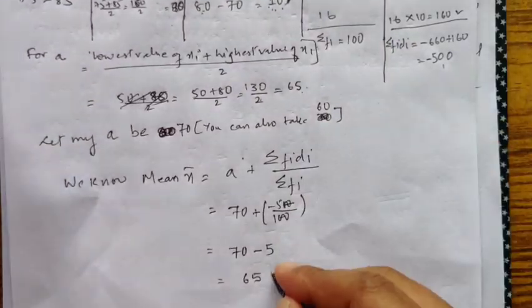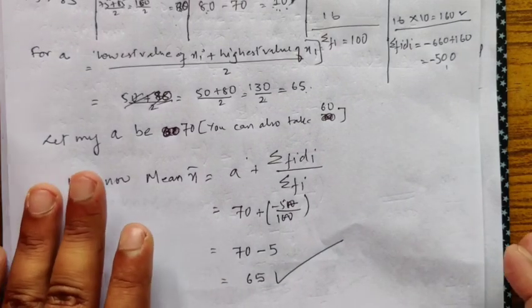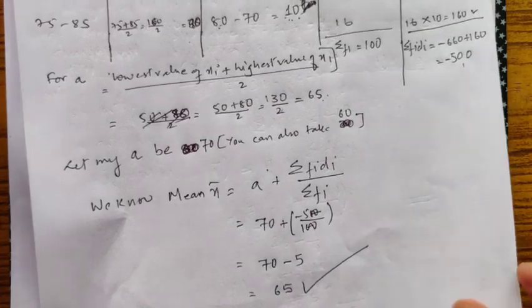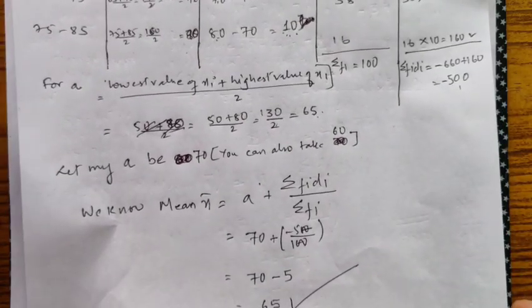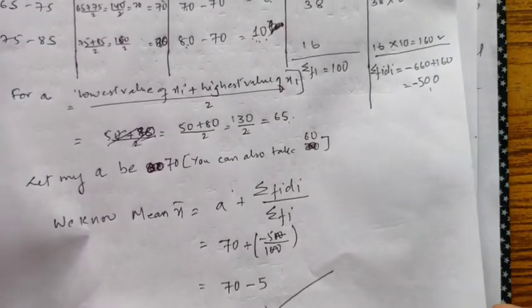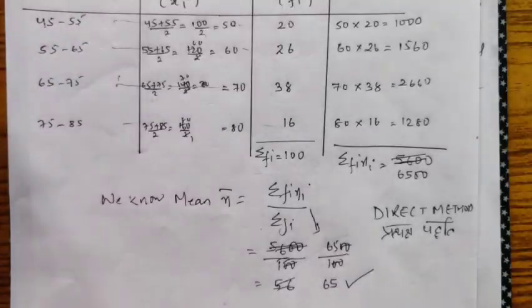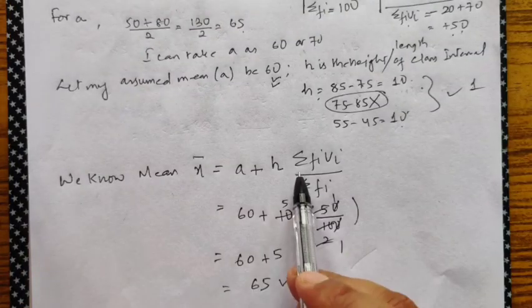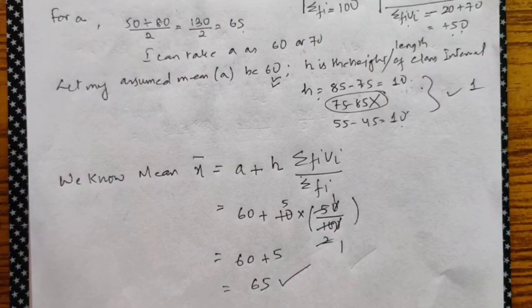We got 65. So using any method you can get the answer, but if the question tells you precisely to use this method, then you have to use this method. Can you see this formula? This one is our direct method, and this one is our step deviation method, or the third method.